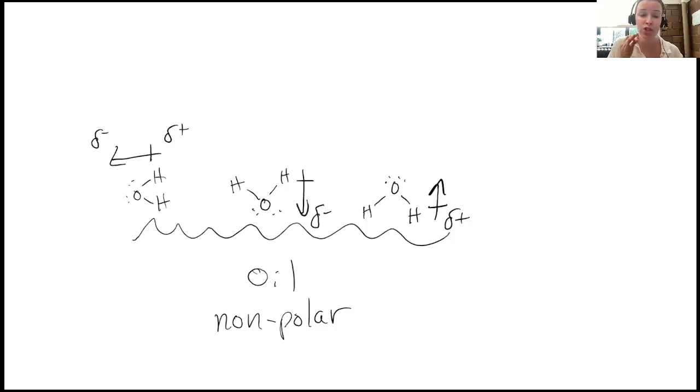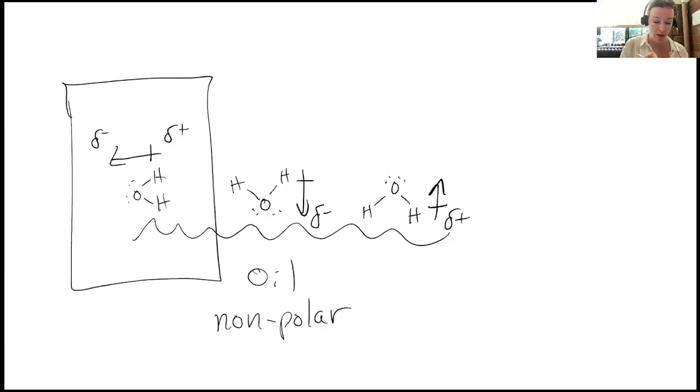This last one is going to be most favorable because the charged area isn't pointing directly at a non-polar area. So when water is interacting with oil, it will generally prefer this scenario on the left-hand side.